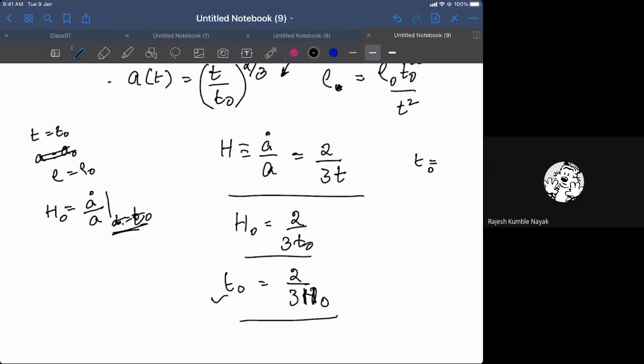You can choose t naught to be any constant at which you know the value of a, but we don't know what happened in the past. We can do measurement only at the current time. So the only observation we have is the a value or H naught value at t equal to t naught.